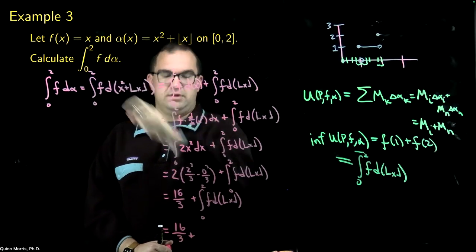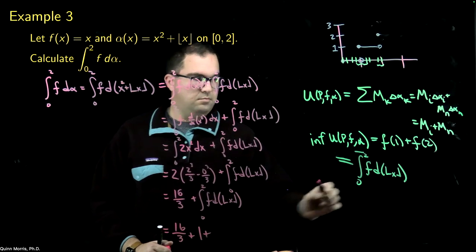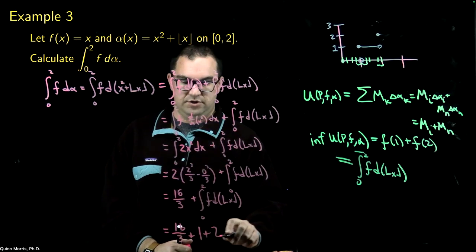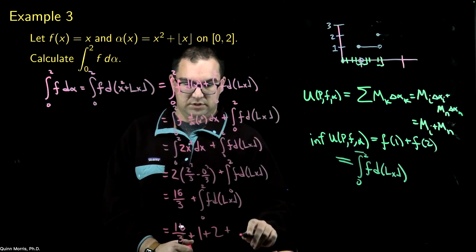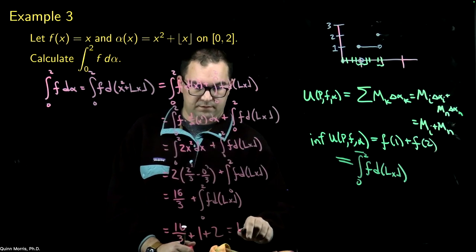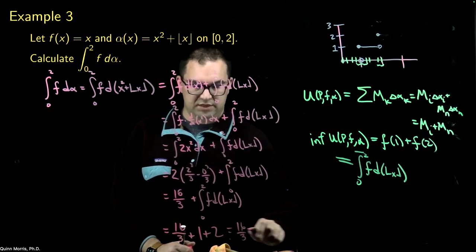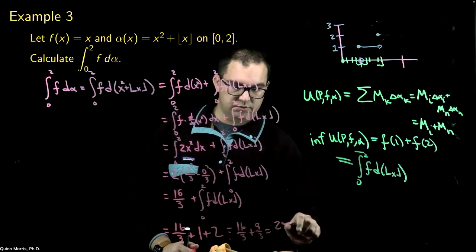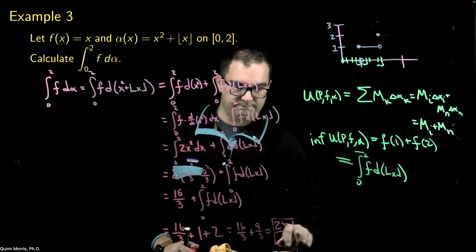And f of 1 is just going to be 1 plus f of 2, right? F of 2 is just going to be 2. So this is equal to 16 over 3 plus 3, or plus 9/3, which is 25/3.